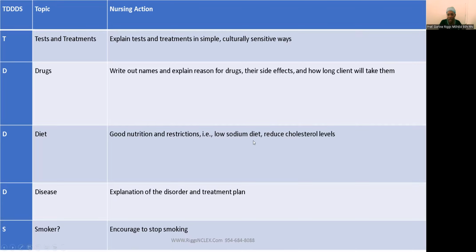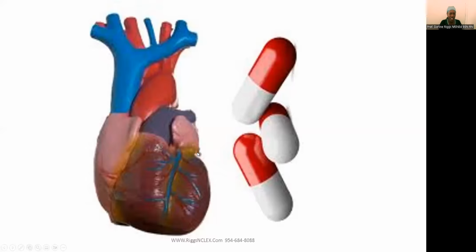And if you haven't watched the nutrition teaching, yes, proper dieting is great. Teaching the client to remove the skin off of meat, to bake instead of fry, silly little things like that. Okay. Their treatment, smoking, yeah, they need to stop smoking, and that's not as easy as it sounds. Sometimes it's very difficult for people to do. Okay, so these are little things you need to keep in mind.